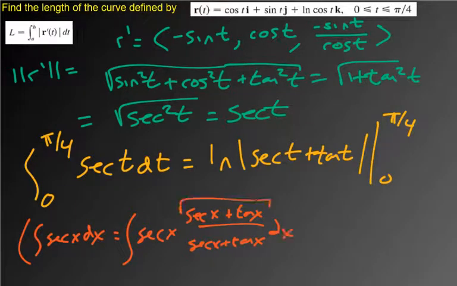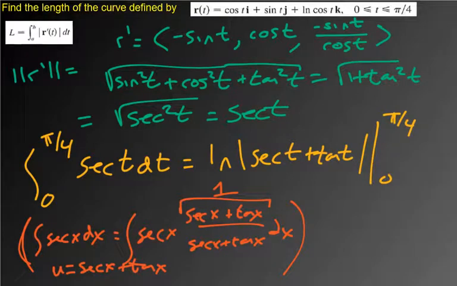So you're just adding in a 1, and that's fine to do because you haven't changed anything. And then in that integral, you do a u sub, where you let u equal secant x plus tangent x, and you'll see how you can get it, but I'm not going to go through it right now. It's a classic Calc 1 thing to show that, but that is what it equals.